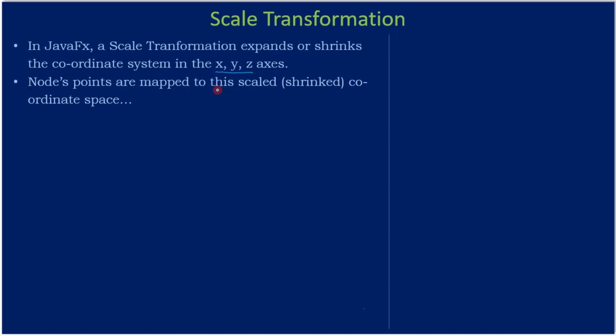In all transformations, the coordinate space undergoes the transformation, then performs the drawing based on layout X and layout Y, and after performing the drawing, the coordinate space returns back to the local coordinate space. So there are two coordinate spaces: one is local and the other is the transformed coordinate space.